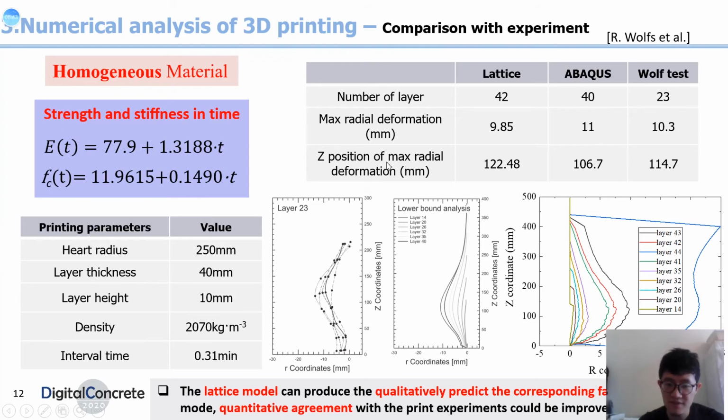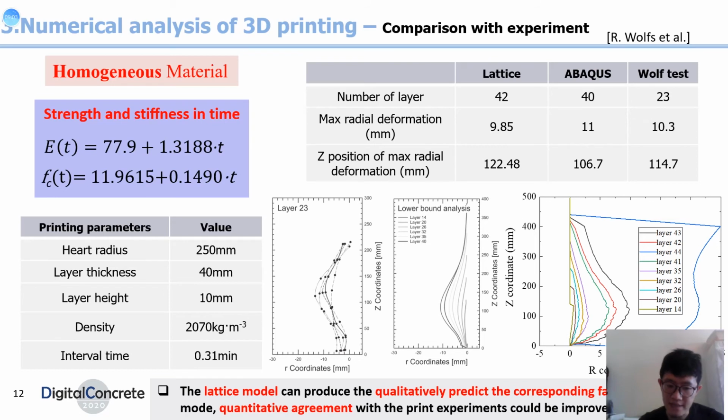The Z position of the maximum radial deformation is 120, also close to Wolf's experiment. Only the predicted printing layer is larger than Wolf's experiment, but it's close to Wolf's numerical result, I mean the Abaqus numerical result.